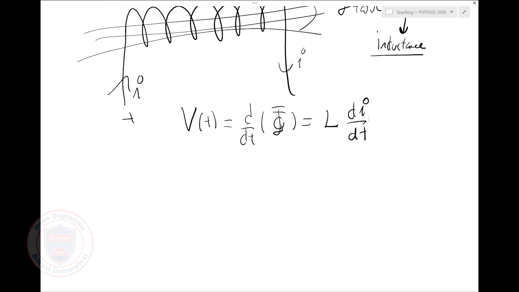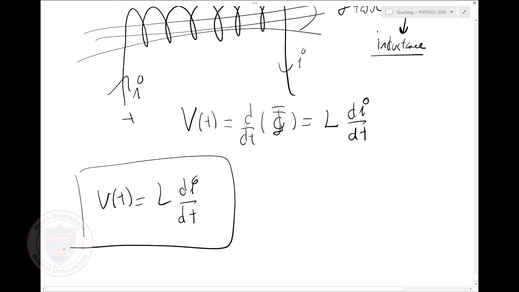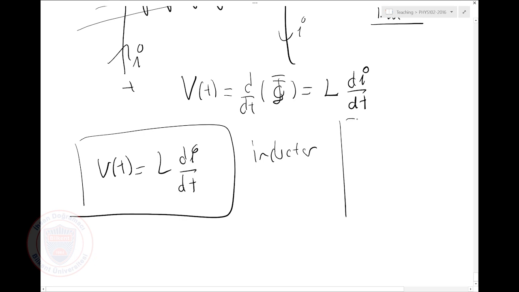Now, what I want to talk about today is what does this inductor, this device, do as a circuit element? Just like we've talked about the resistor, this is the defining equation for an inductor. So up till now we knew two circuit elements. We knew the resistor, where the voltage current relationship was very easy.